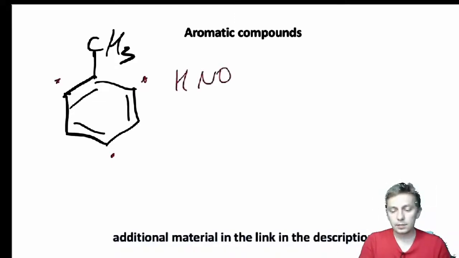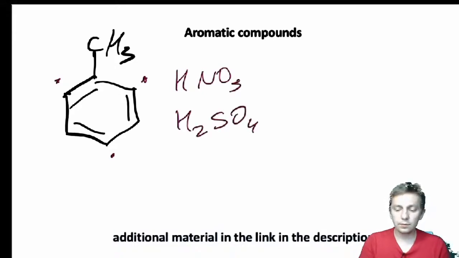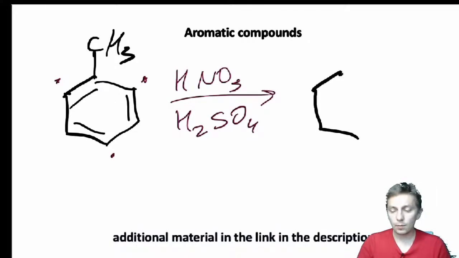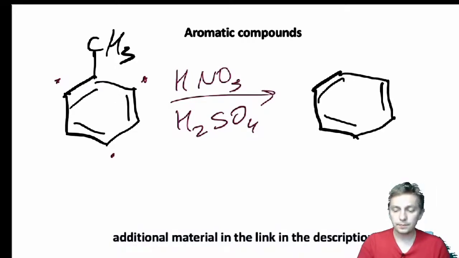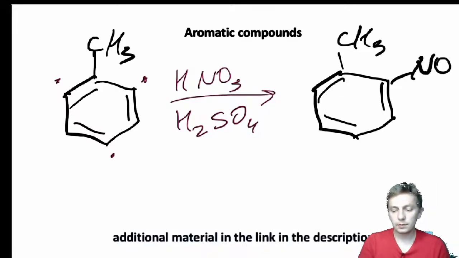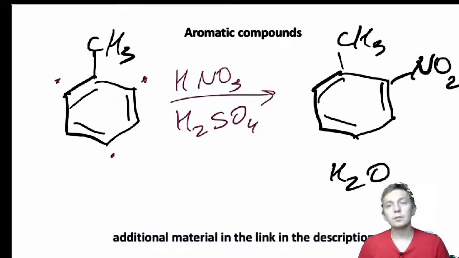In the presence of nitric acid and sulfuric acid, these compounds can form one of the products, nitrotoluene, 2-nitrotoluene.